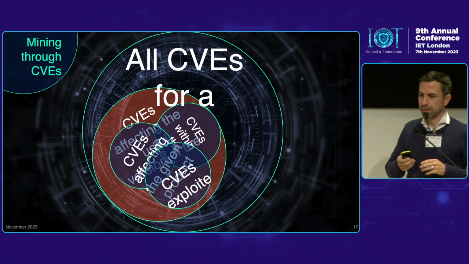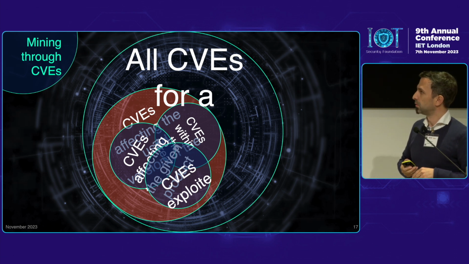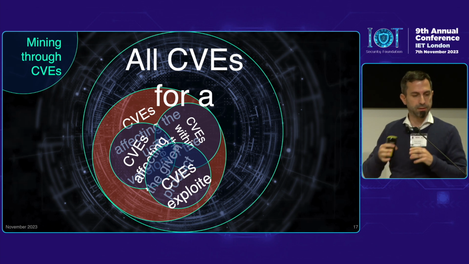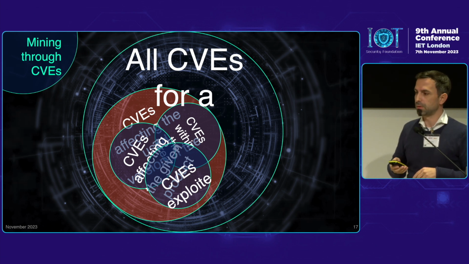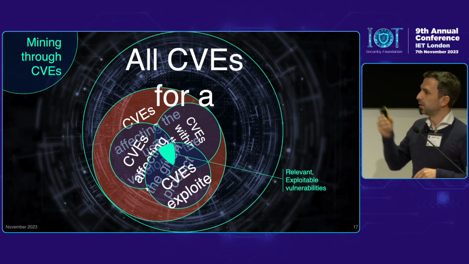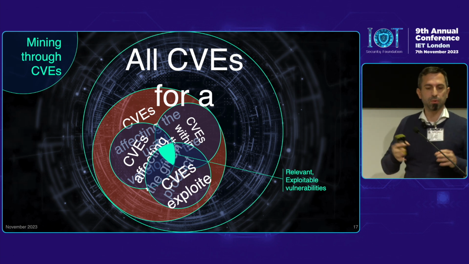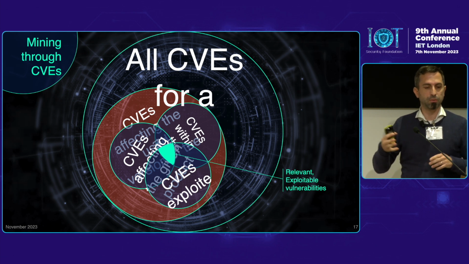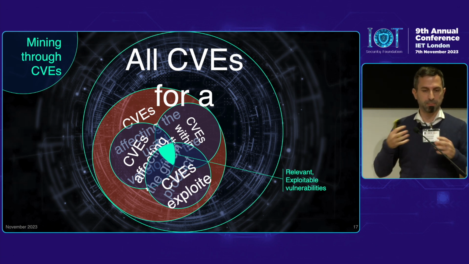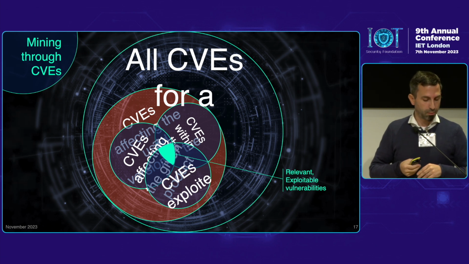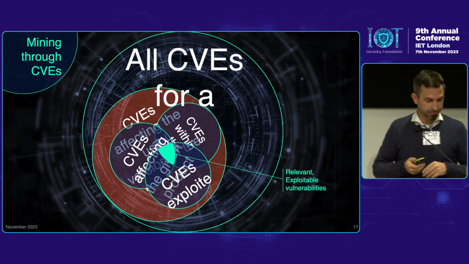And so the most important vulnerabilities that I will want to focus my resources on first will reside within this intersection: the vulnerabilities that are relevant to my product in my context and are also under threat of being exploited.